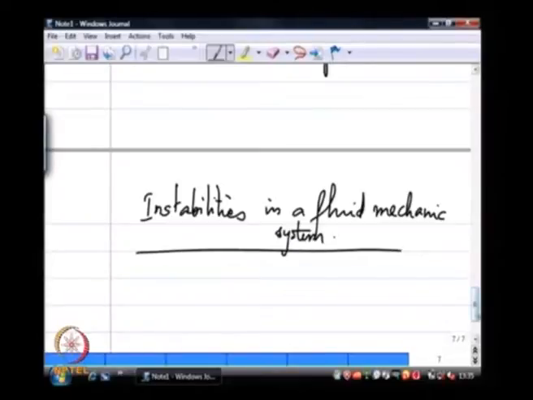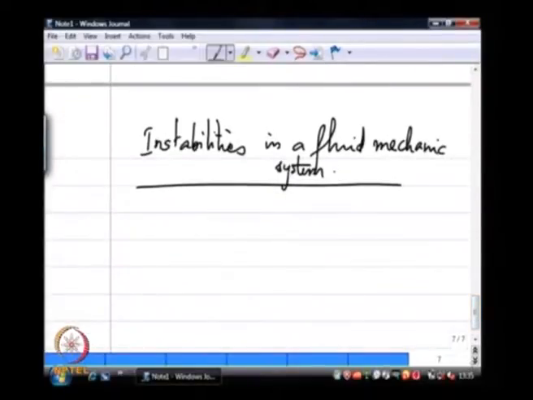And we will try to give some physical arguments for the kinds of instabilities. The first one we just saw a moment ago is called Rayleigh-Taylor instability.